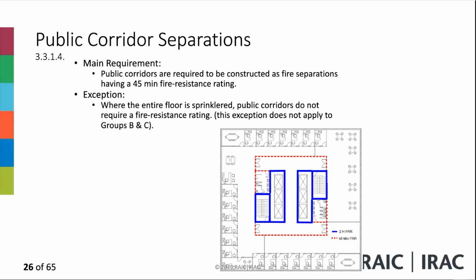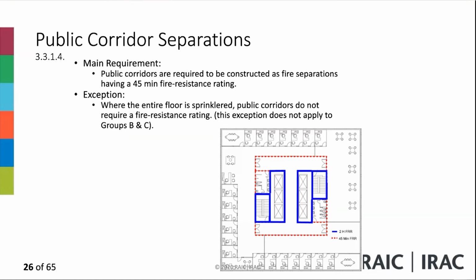So sentence 4 exempts the corridor from being a fire separation in a sprinklered floor area, except as required by some other sentences, except you are in a room or a suite, provided the public corridor complies. So you've got all these branches of different exceptions where no separation is required.